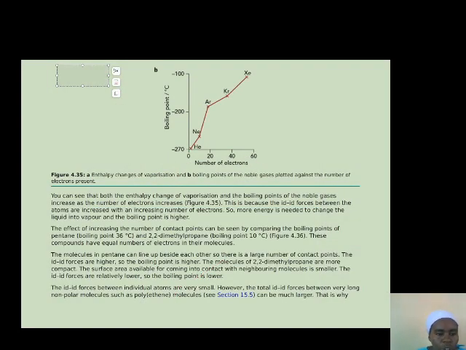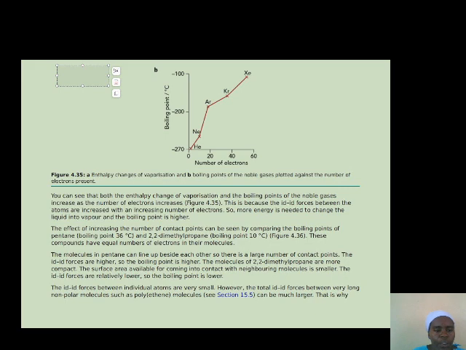You can also see in the next graph that the boiling point of the noble gases increases as you go down the group from the smallest to the largest. This is because of the increase in instantaneous dipole induced dipole forces of attraction between the noble gas atoms.